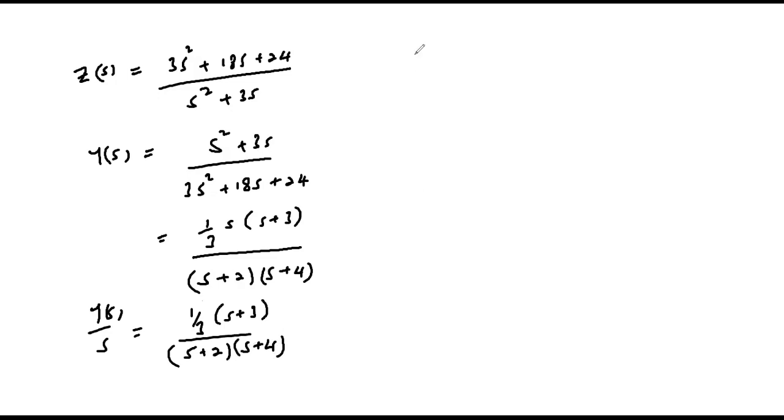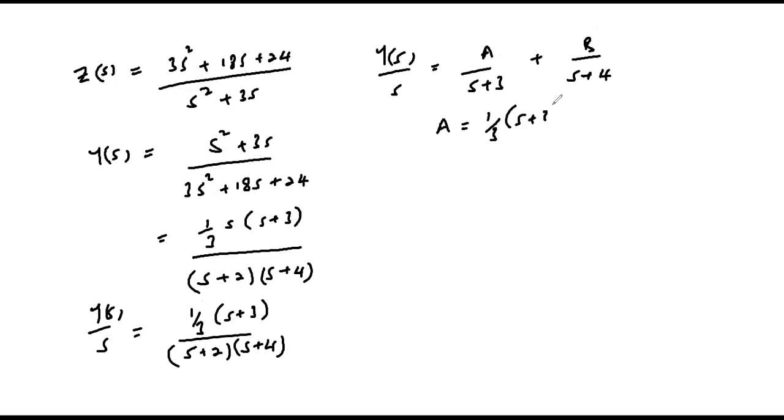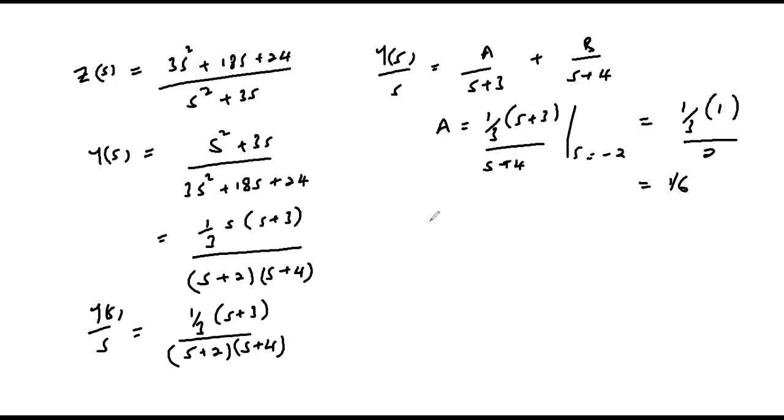We can write these in partial parts as Y of S over S will be a constant over S plus 2 plus a constant over S plus 4, from which we notice that A will be equal to a third into S plus 3 over S plus 4 when S is -2, which gives us a third into 1 divided by 2, which will be a sixth.